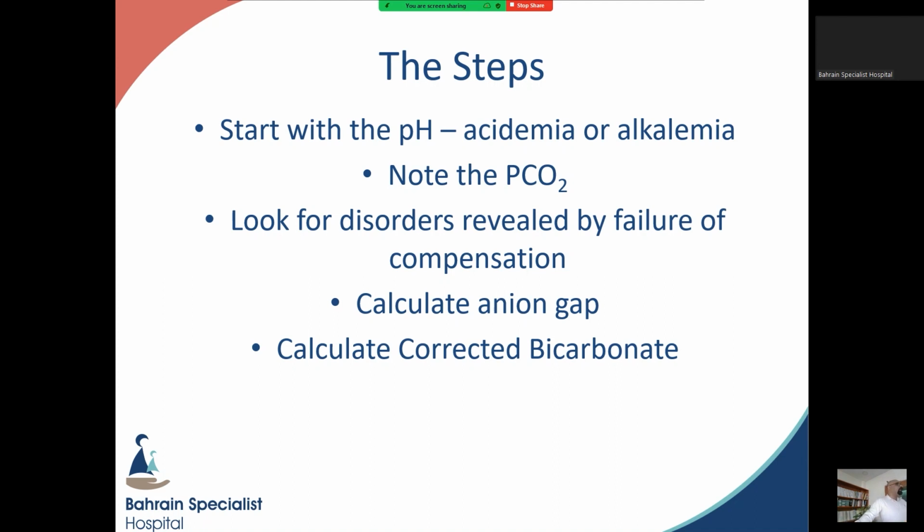Then I will check if there is a compensation. If not, then my eye has to go directly to the HCO3 to see if this is metabolic or not. Look for disorders revealed by failure of compensation, calculate anion gap, and calculate corrected bicarb.